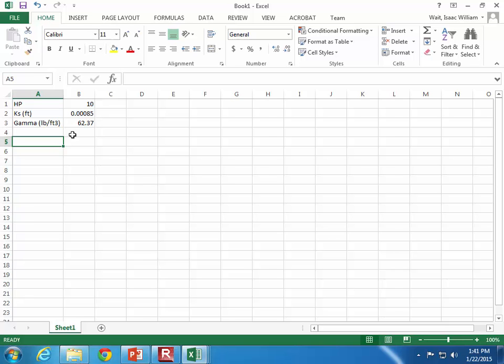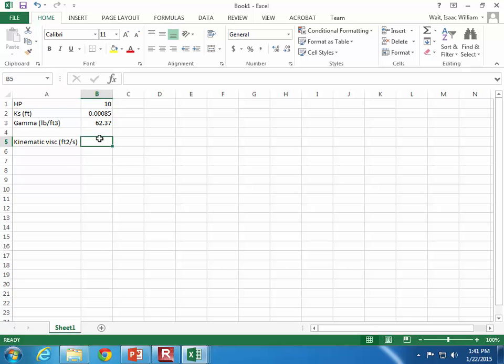Okay, there's kinematic viscosity, which has units in traditional of feet squared per second. And the typical kinematic viscosity for water is 1.22 times 10 to the minus 5.